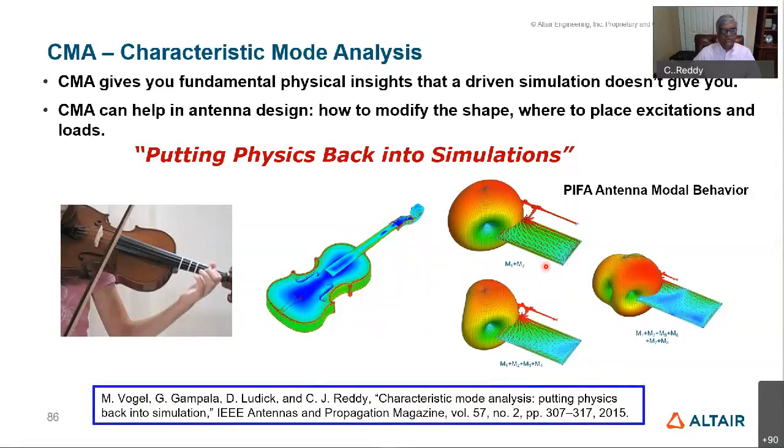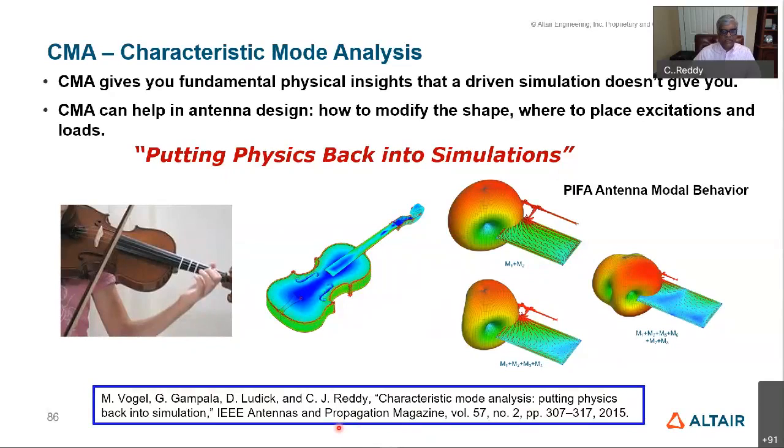They're the natural electromagnetic modes of that structure, so that can give you insight into the physics of the structure. Using that physics, you should be able to excite it properly and create an antenna out of it. It can be any arbitrary structure. That's what we call putting physics back into simulations.